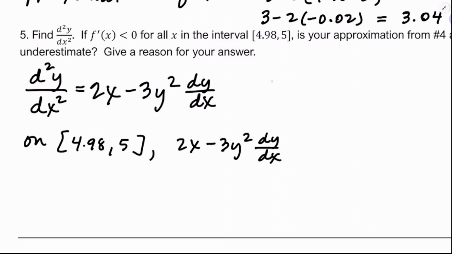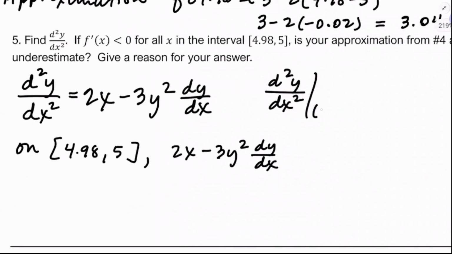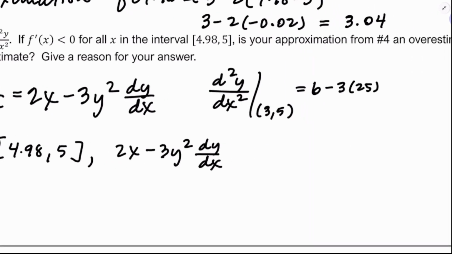Let's just investigate the value of the second derivative at the point, which at this point in the course is going to be enough for my class, but in the long run, we're going to need the analysis on the entire interval. So this is at the point (3, 5). And so this is going to be 2x is 6 minus 3 times 25 times, okay, I see, dy dx.